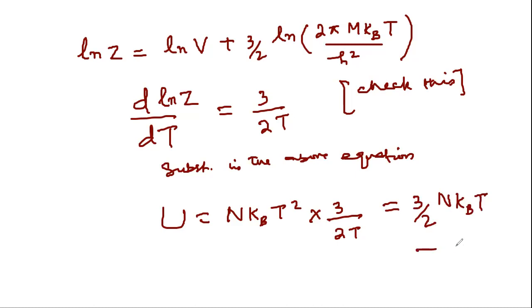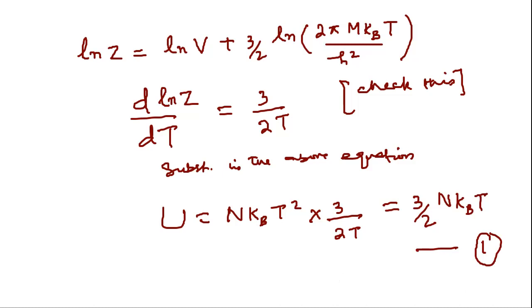Let me name it equation first. N kBT square times 3 by 2t, one t will go, you will get 3 by 2 N kBT.